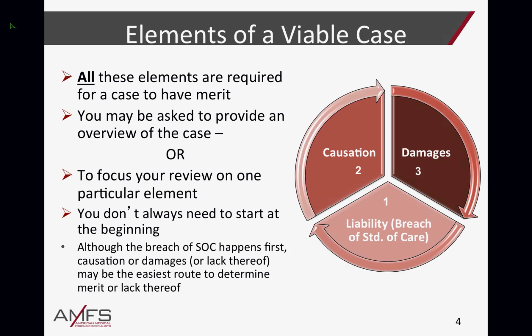The provider must have deviated from the standard of care, and the deviation must, more likely than not, have caused the damages. These elements are sometimes referred to as liability, causation, and damages. Different specialists are often required to opine on each of these areas as they relate to the specialist's area of expertise.